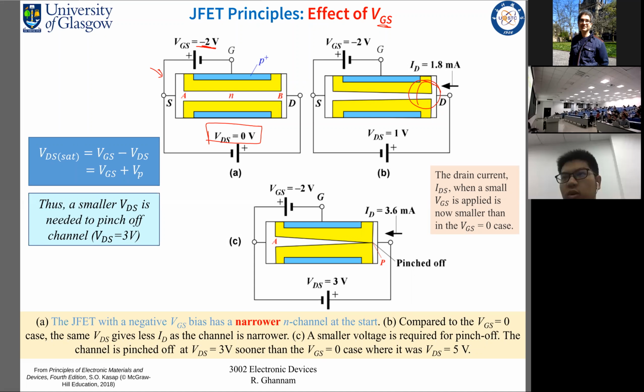If we continue to increase VDS further, we still have some increase in the drain current, but now these two depletion regions touch each other, and what we have achieved is pinch off.